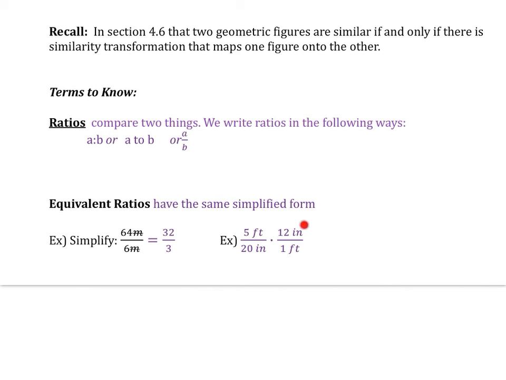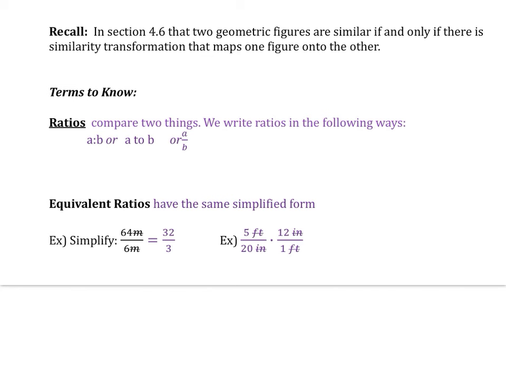Now let's take a look at our second example, where we have a fraction multiplied by a different fraction. We have 5 feet divided by 20 inches times 12 inches divided by 1 foot. We can cross out the feet because they are in common in the numerator and denominator, so they divide each other out. Just as the inches are in the numerator and the denominator, we'll cross out as well.